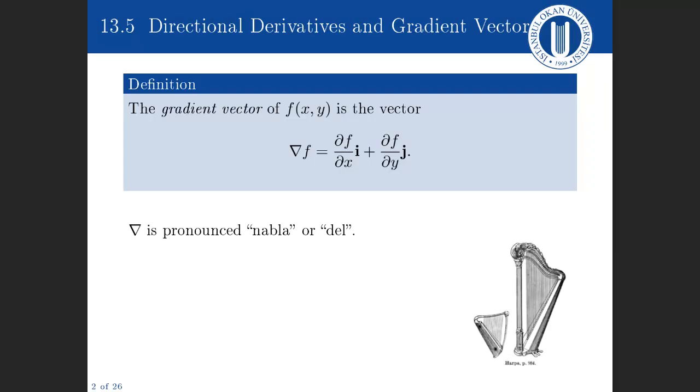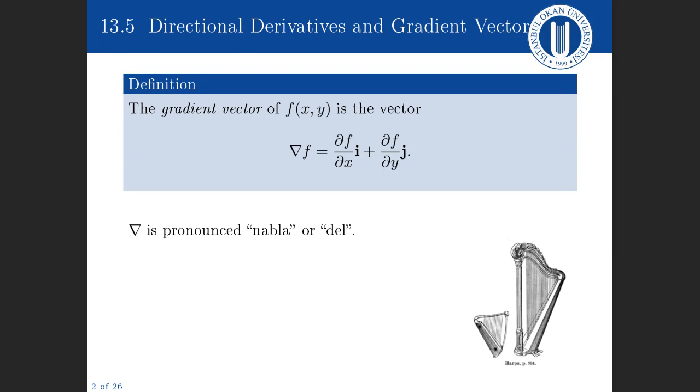Here's the definition. The gradient vector of the function f is the vector nabla f, which is df dx i plus df dy j. This is a vector, so at each point, it's a number multiplied by i plus a number multiplied by j.